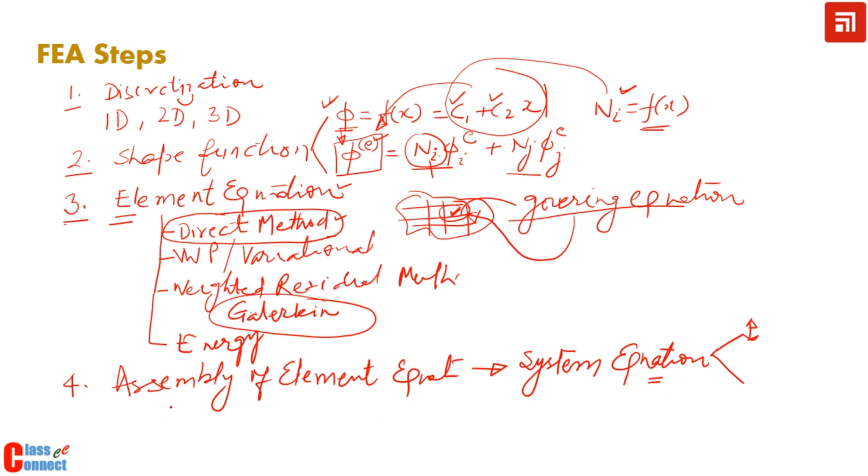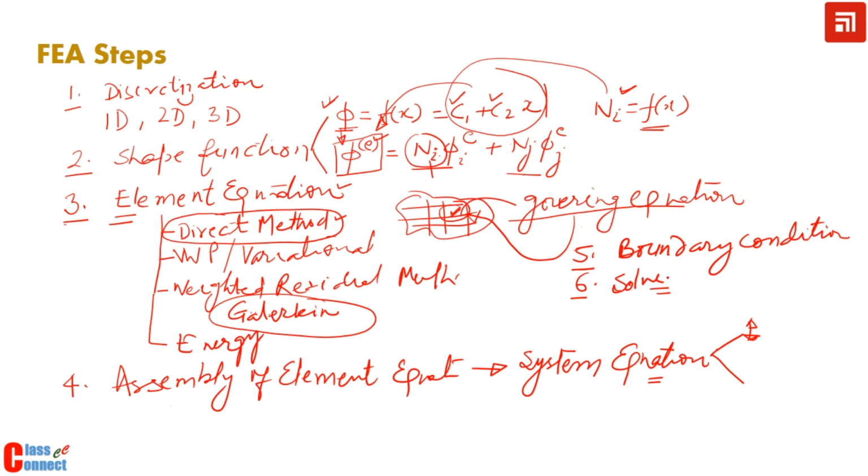The next step in FEM is to apply boundary conditions. Boundary conditions are essential, otherwise you cannot solve these system equations. We have to eliminate the rigid body movement condition from the system equation. Singularity is to be removed, and that can be done when we apply boundary conditions, and then we can solve in our next step.